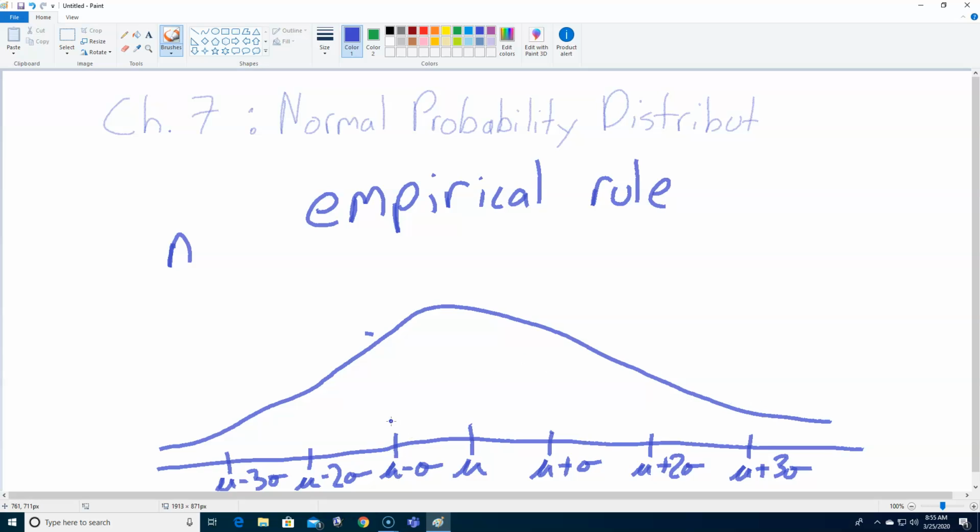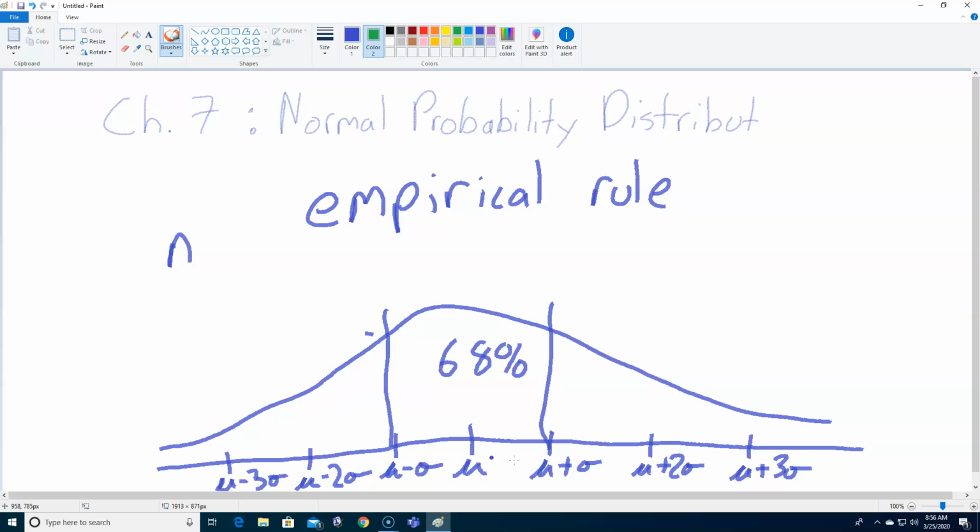Given a normal curve using the empirical rule, it says that within 1 standard deviation of the average, it'll hold 68% of the probabilities.